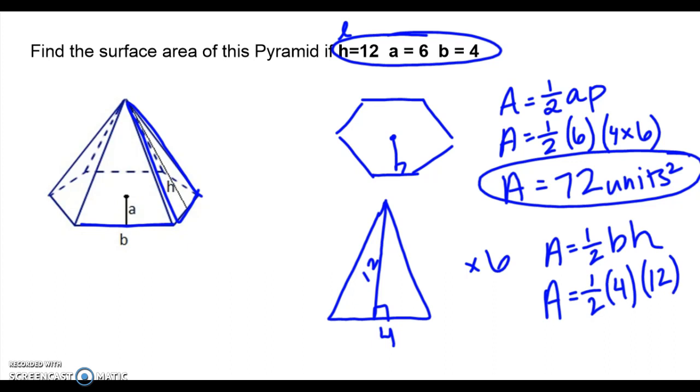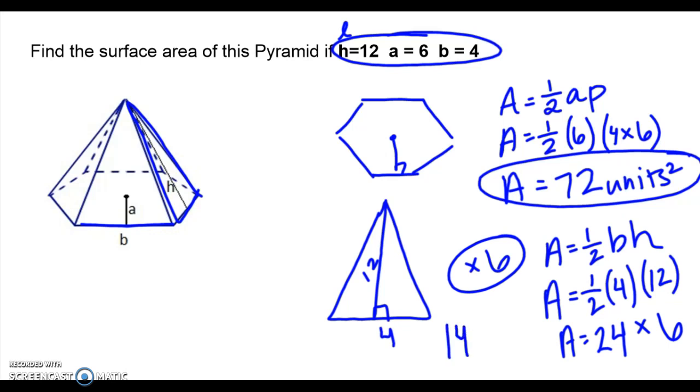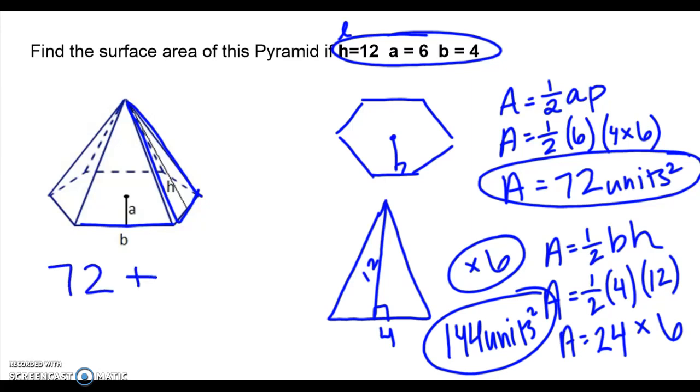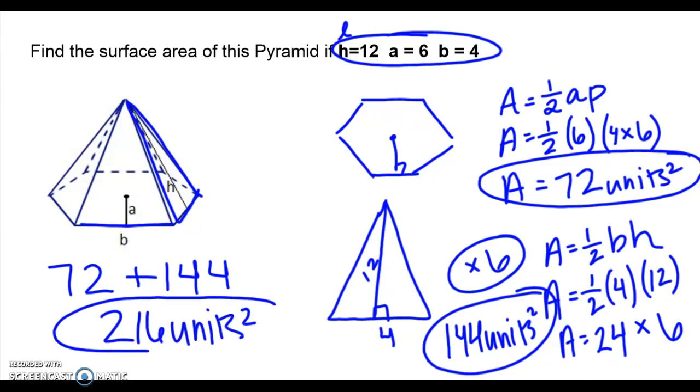When we type that into our calculator, we end up with an area of 24. But remember, we have to multiply it by 6. So 24 times 6, we end up with 144 units squared for our lateral faces. Then we add together 72 plus 144, so a total area of 116 units squared.